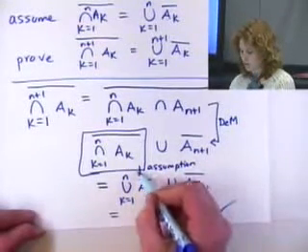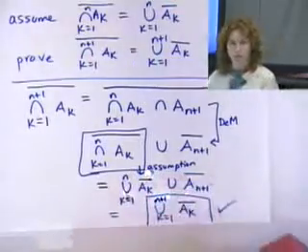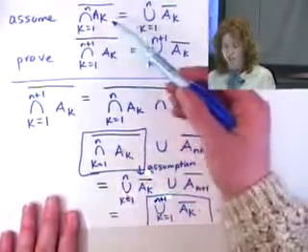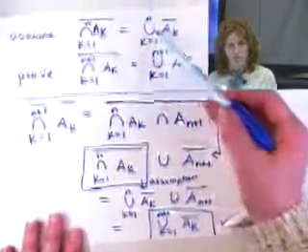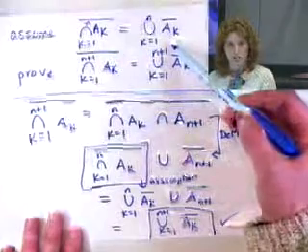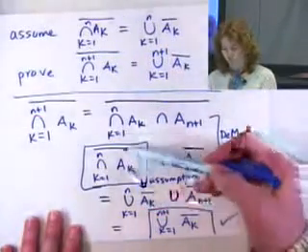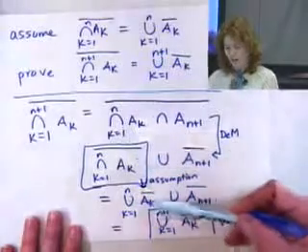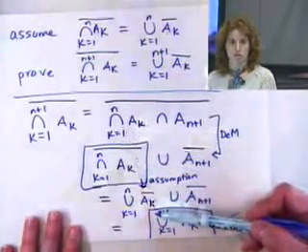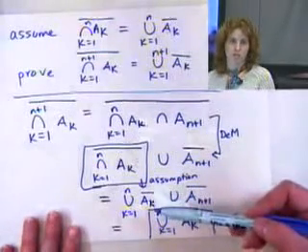I did a substitution for just the left-hand side of my assume statement. I substituted in the right-hand side of the assume statement. So I used that union. Instead of the intersection negated, I did the union of the negations, the union of the complements.